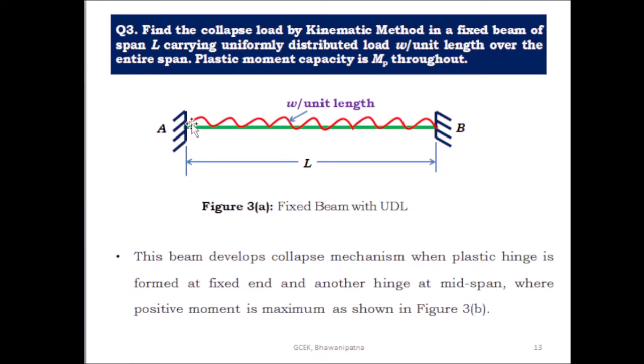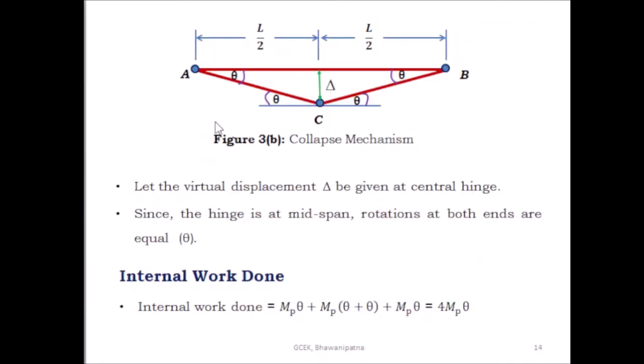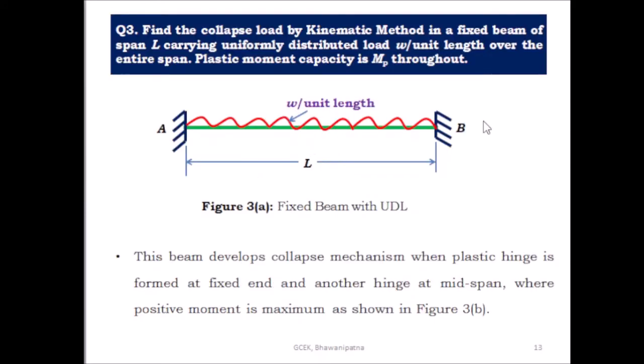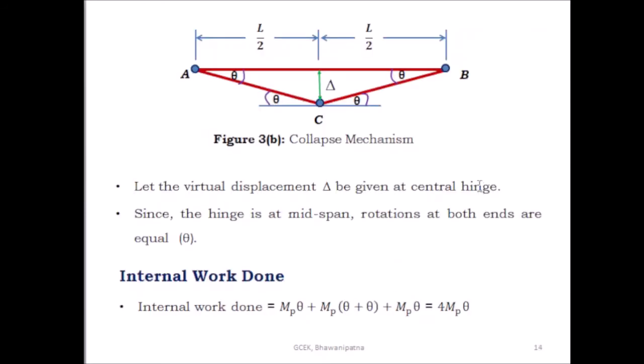So this is the collapse mechanism of this fixed beam with UDL.